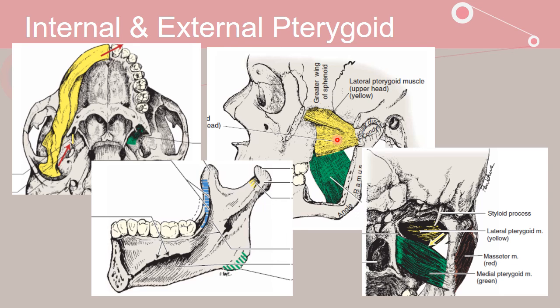It inserts on the depression on the front of the neck of the condyle called the pterygoid fovea. So here is the pterygoid fovea. It also inserts into the anterior margin of the articular disc. Okay, in this image, this is the articular disc. So some fibers of the external pterygoid muscles also insert into the articular disc.